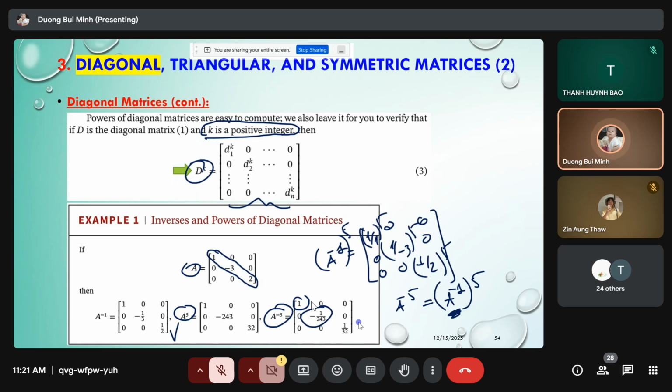Let me check. We have 1 over 3, and then to the power of minus, and you can calculate that to the power of 5. Yes, correct. So here you can get the result very quickly.